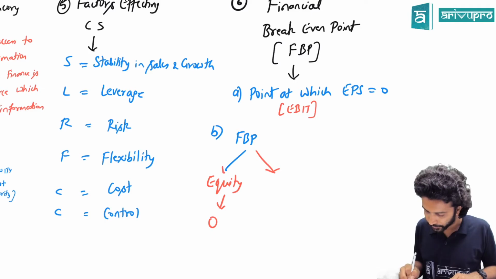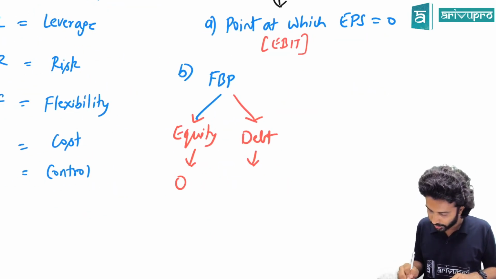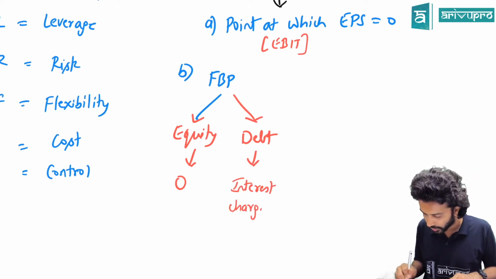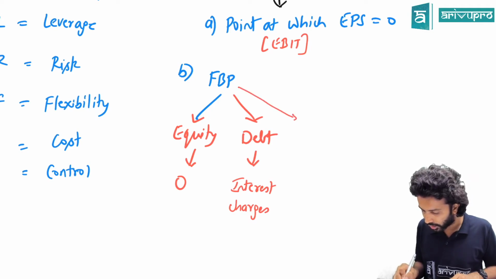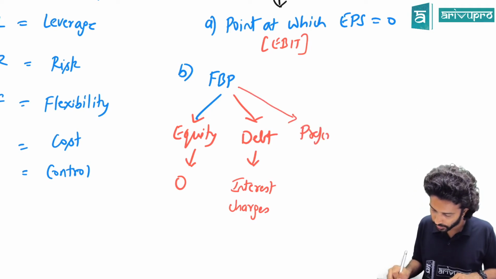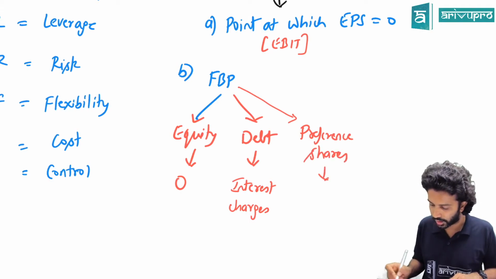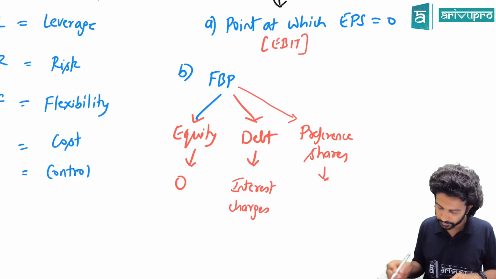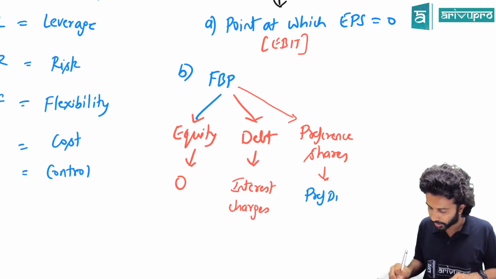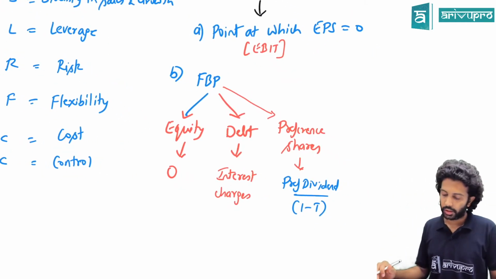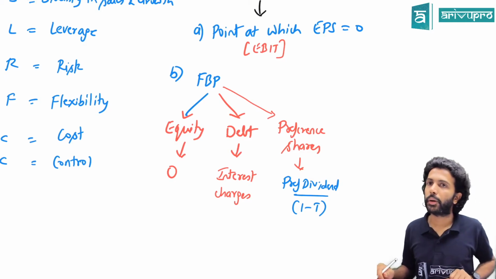Second, for debt, FBP is interest charges. For preference shares, it is nothing but preference dividend divided by 1 minus T, as in tax rate. So those are for your FBP.